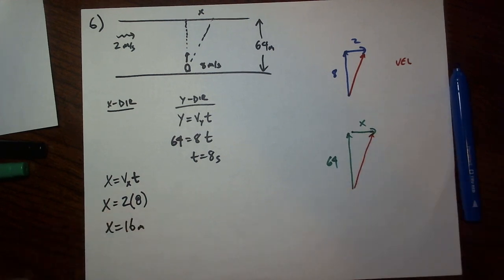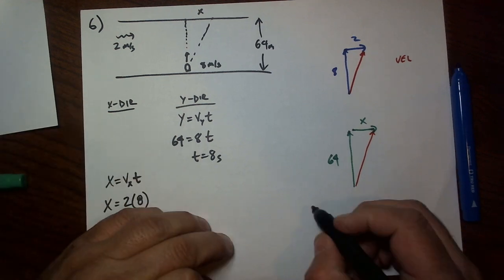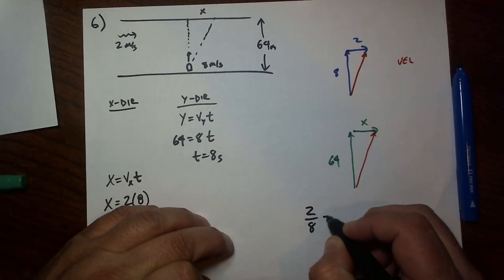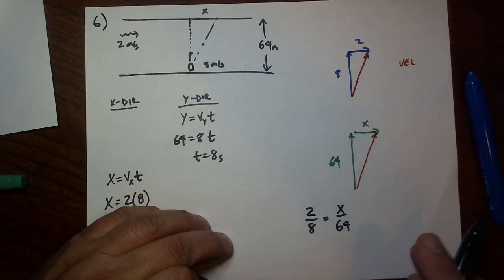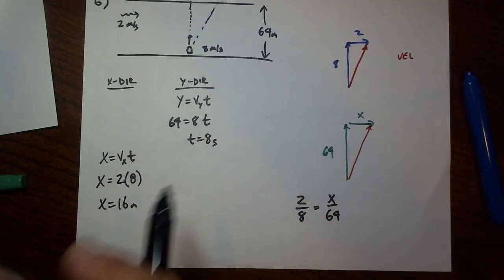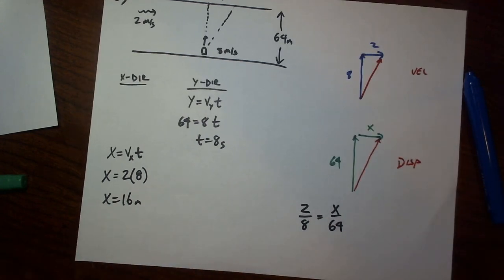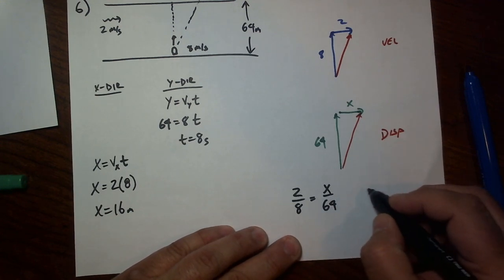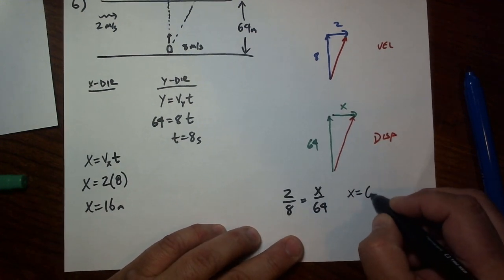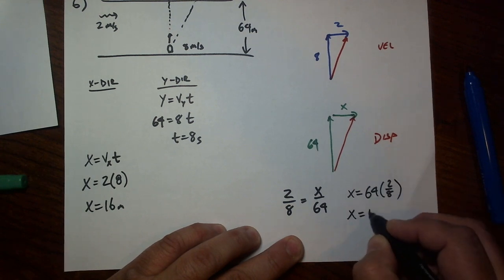Those are similar triangles, so we can conclude that 2 is to 8 as x is to 64. The sides are in a ratio to each other. Oh yeah, I forgot to write, these are our displacement vectors. So, solving this problem, we have x equals 64 times 2/8. X equals 16.